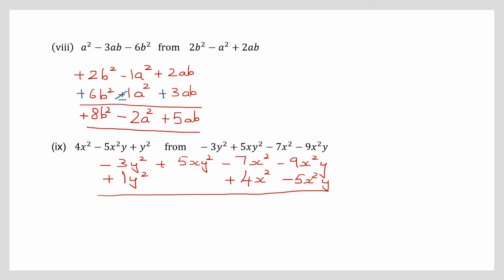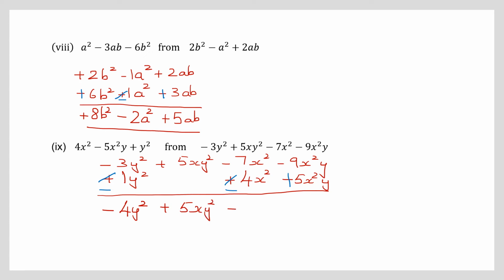Let's change the signs of the second row. So this becomes minus, minus, and this becomes plus. Let's look at y square. When signs are the same, 3 plus 1, 4y square plus 5xy square. Signs are the same.